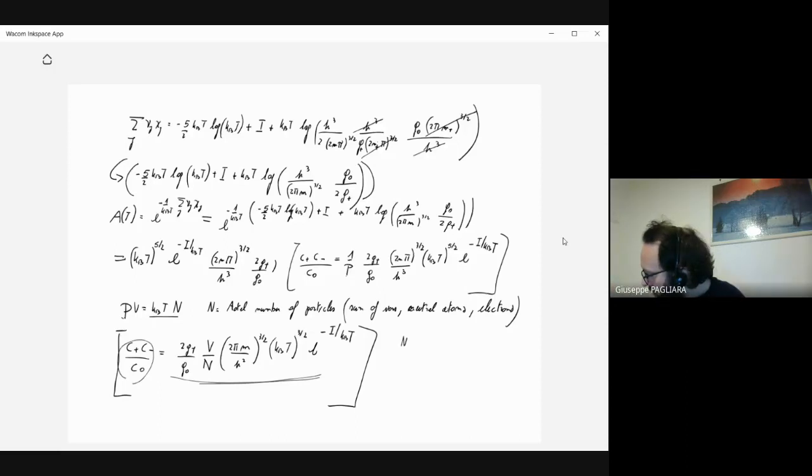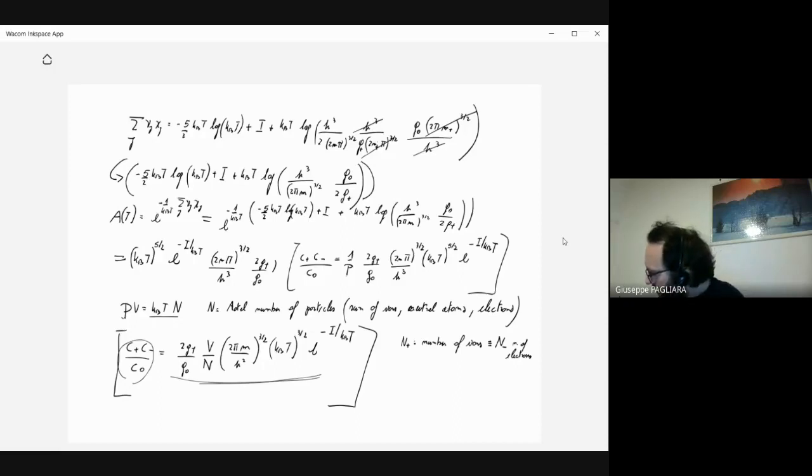So suppose that n plus will be the number of ions, and this must coincide with the number of electrons, by charge neutrality, if you want, or by considering the fact that for each ion you produce one electron.